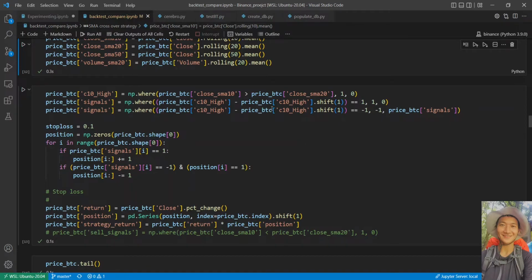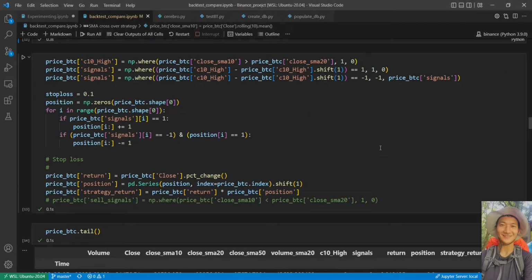Through this method, I subtract the shifted one from the original one, and if the position changes on that day, it gives me a plus 1 signal, which means it's a buying sign. And if it's a negative 1, it gives us a selling sign.